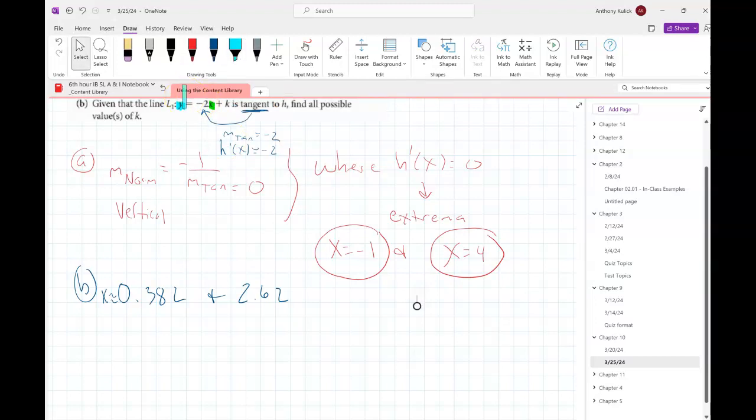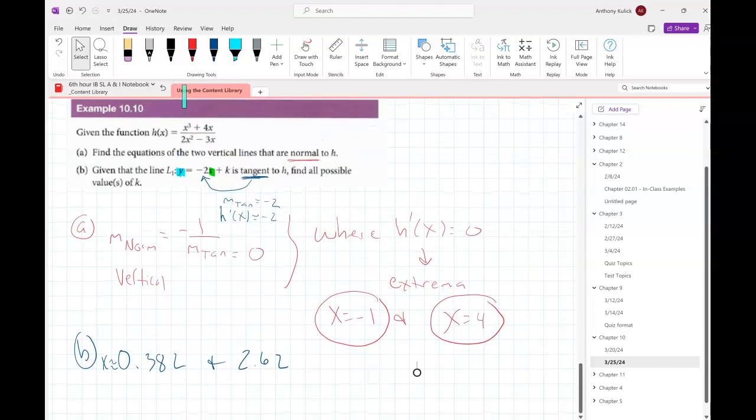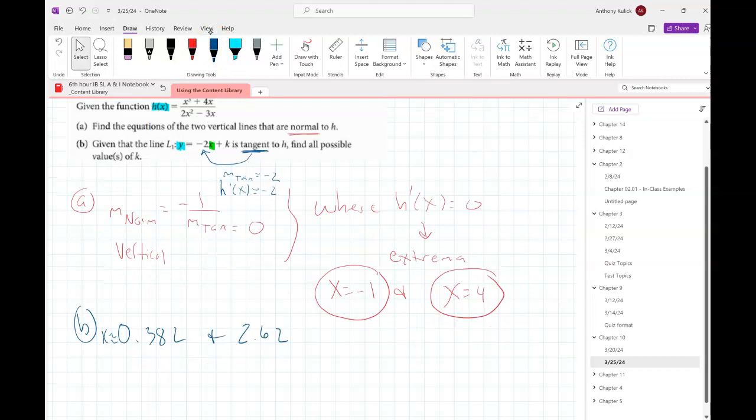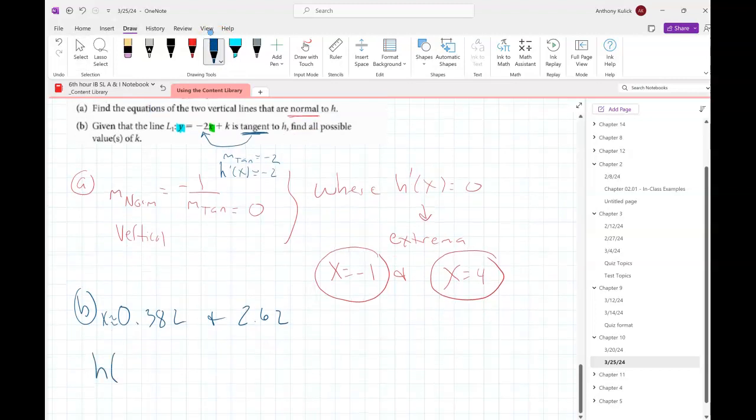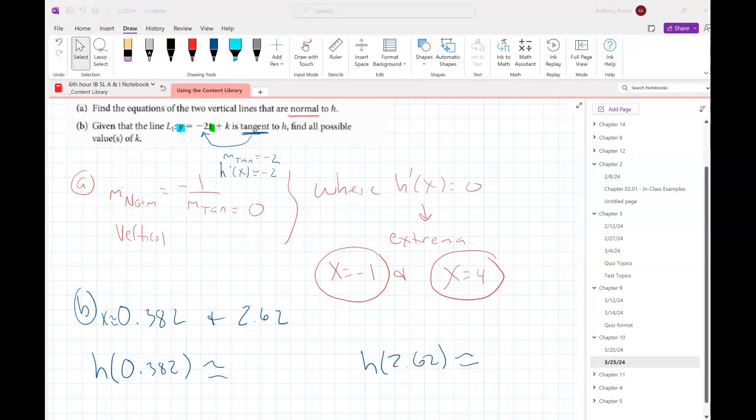What am I going to use to find that y to go with the specific x? H of x. So I'm going to do h of 0.382 and then h of 2.62. And then once I have that, I'll be able to solve for the k's.